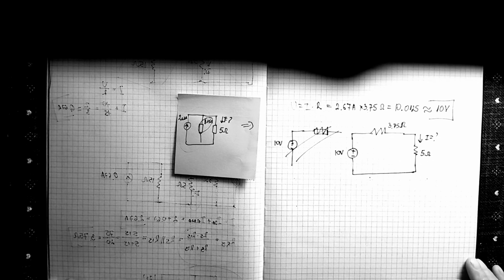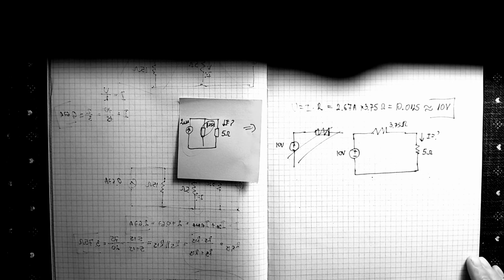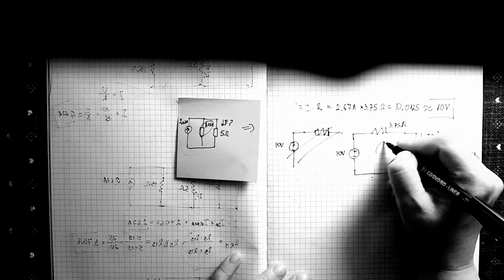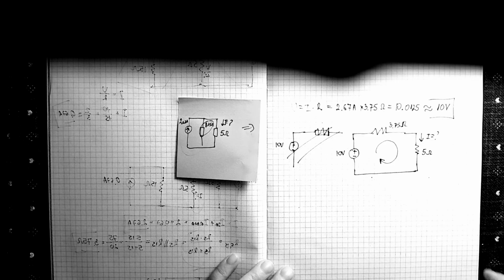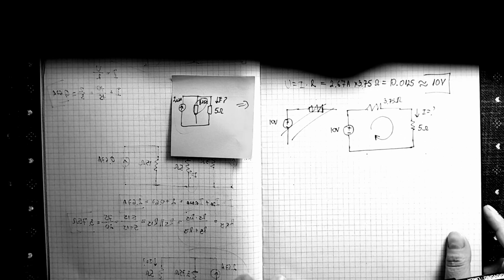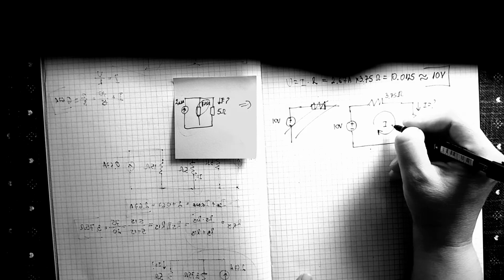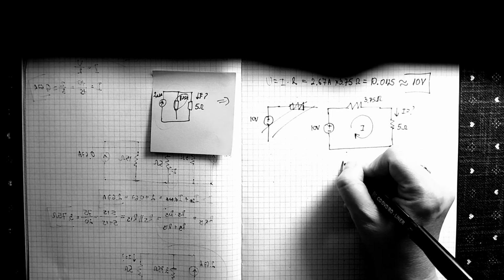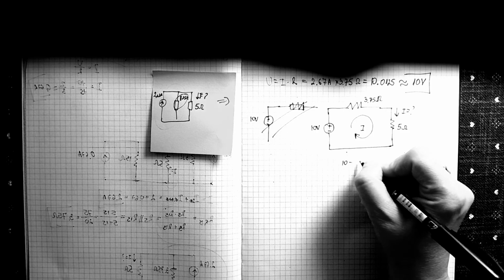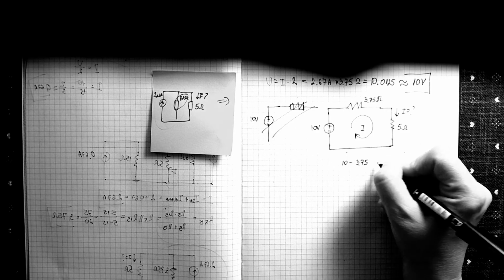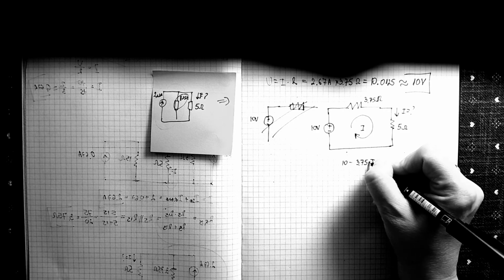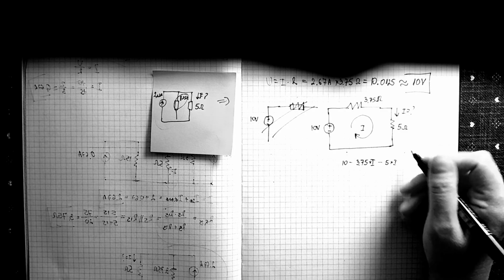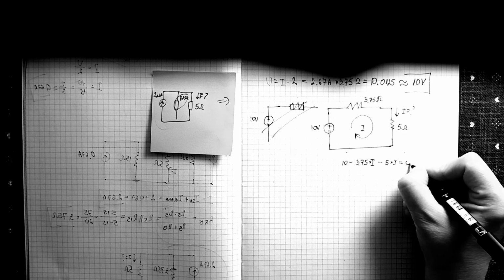Since we have one simple circuit, we will just apply Kirchhoff's second law. We are looking for the current here, and the formula will be 10 minus 3.75 I minus 5 I, where I is the current, equals 0.